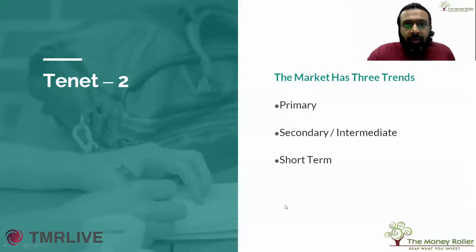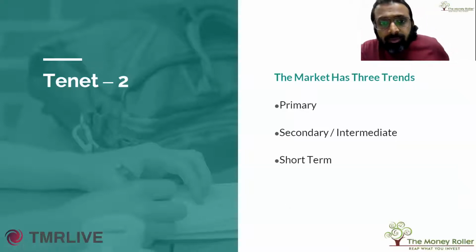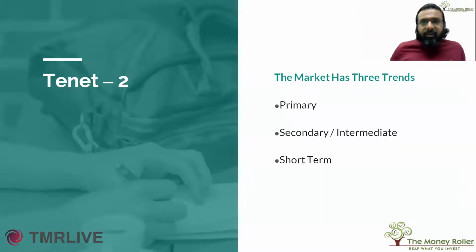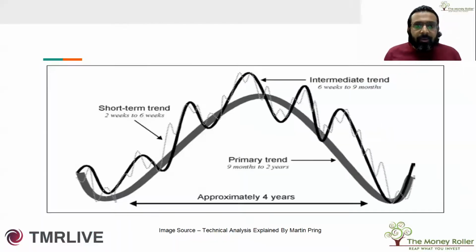And if you're an even more short-term trader or an intraday trader, you're concerned with all three trends. Now, this is a typical picture which denotes what I've been trying to tell you. This picture is taken from the Martin Pring textbook.